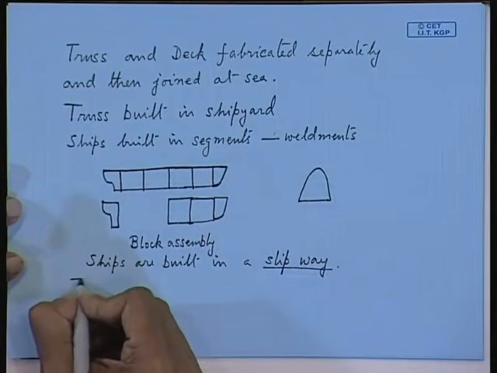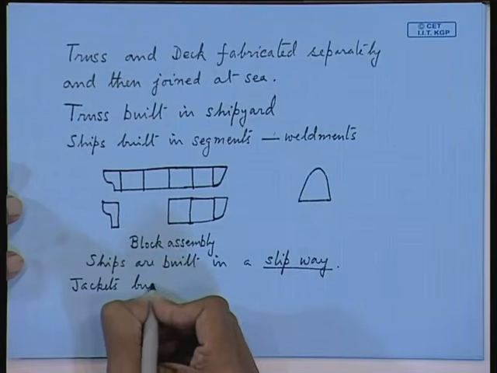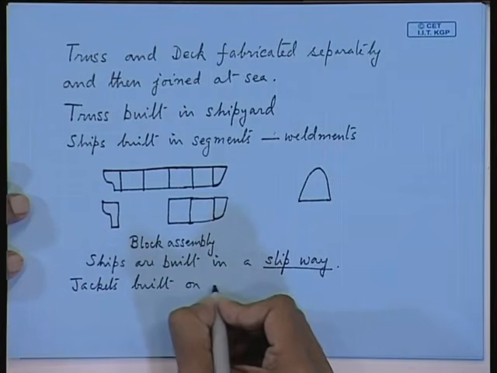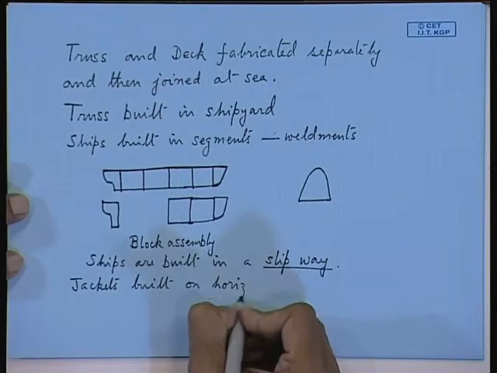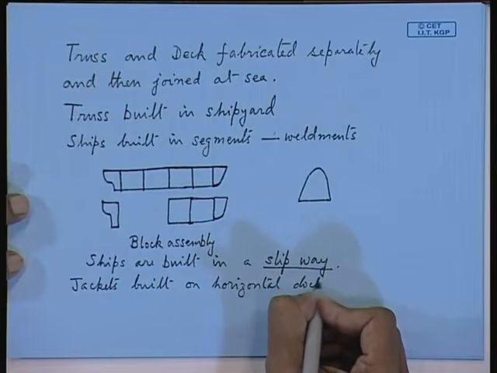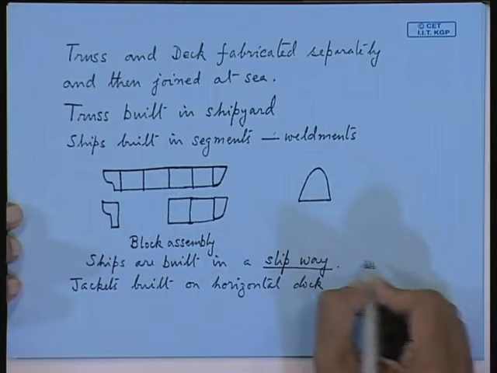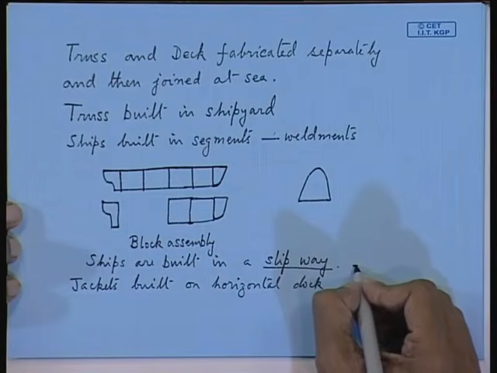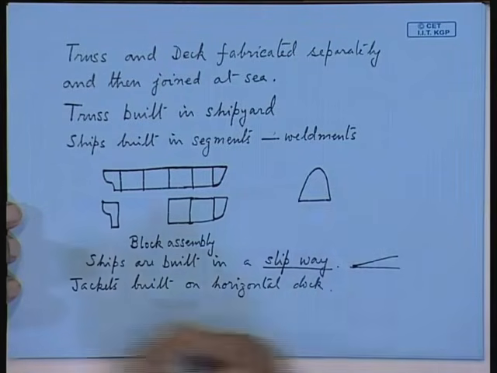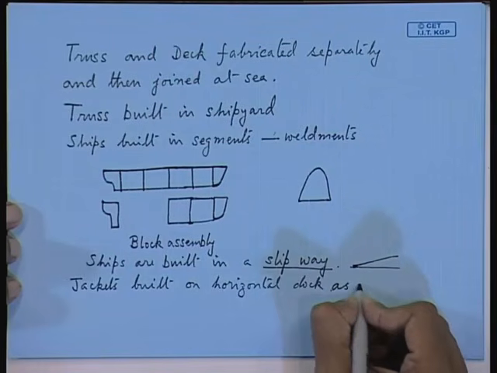But jackets are built on a horizontal dock. The slipway, you will find, has a certain declivity or inclination. Jackets you do not build on this kind of inclination, you build on a horizontal dock as flat panels.